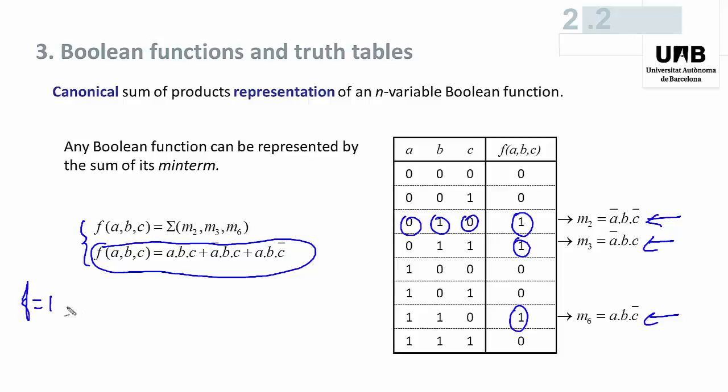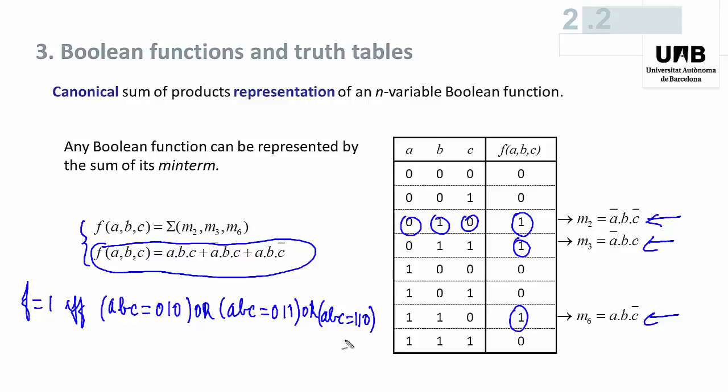Actually, this is very like what we did before when we said something like that f is equal to 1 if, and then we write the following conditions: ABC is equal to 0, 1, 0, or ABC is equal to 0, 1, 1, or ABC is equal to 1, 1, 0.